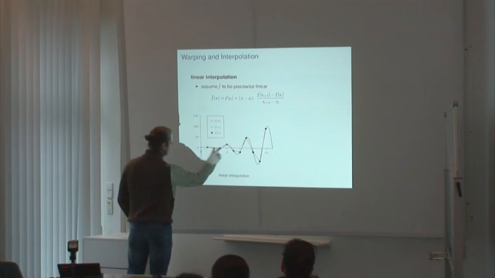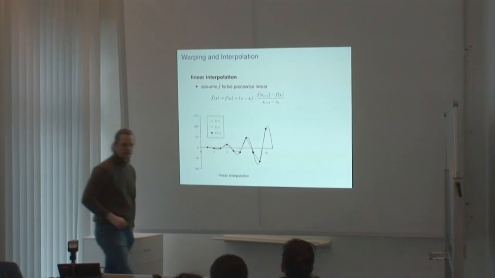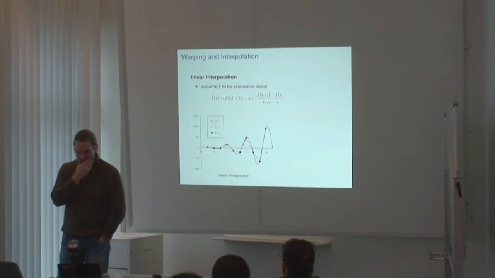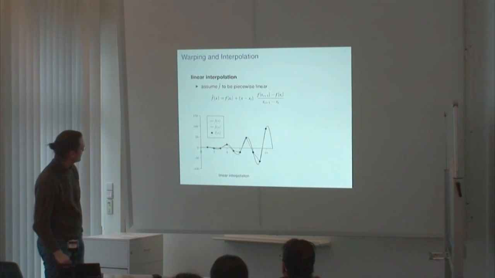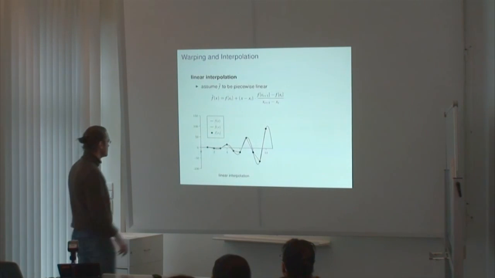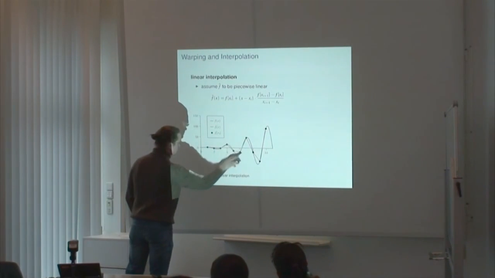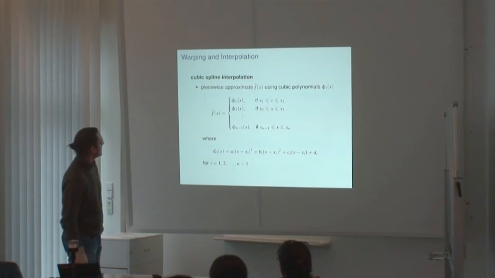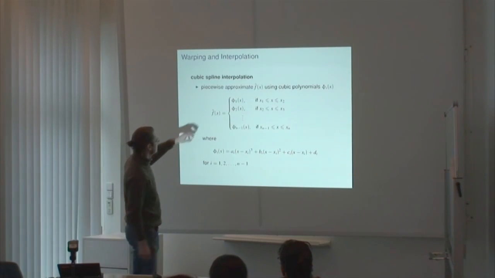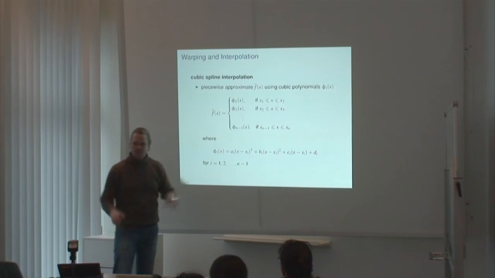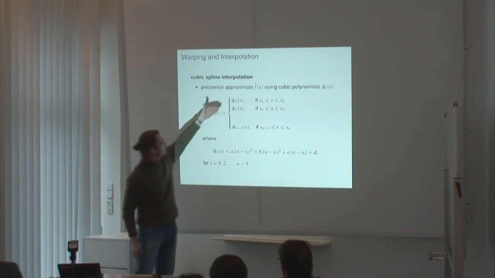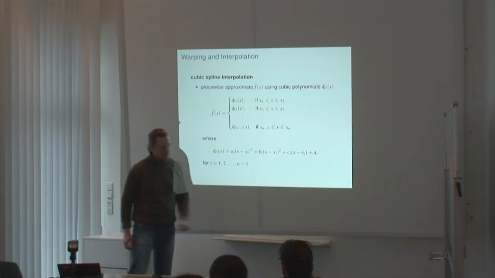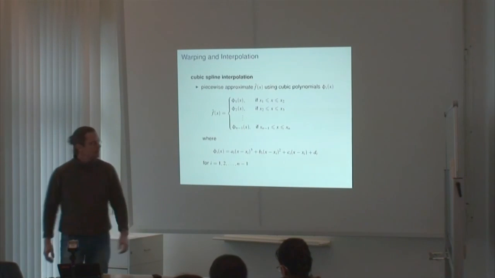Here we had these piecewise polynomials of order 1, degree 1, and we may apply the same idea, piecewise polynomials of a higher order. That is to say, we stitch together the interpolation function f hat from many different functions phi.